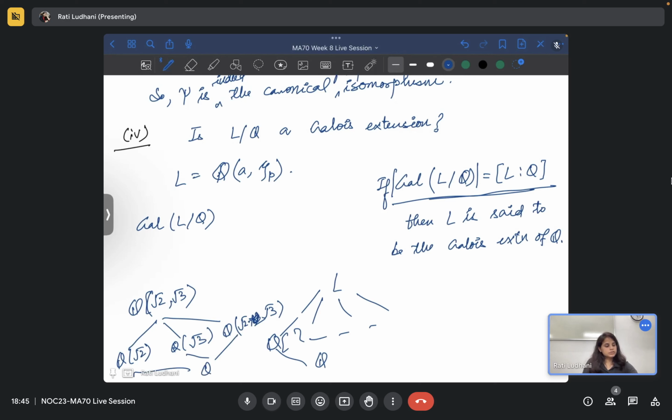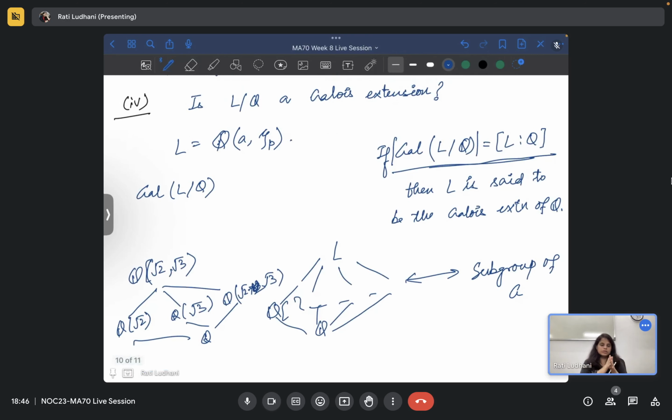So the question is asking, you have this class of intermediate fields, and there is this class of subgroups of G, the Galois group, from the identity up to G. So the question is asking to give a classification of all the subgroups of G, and find the lattice for intermediate subfields and subgroups of G. But I'm saying, when do you have hands on this question?